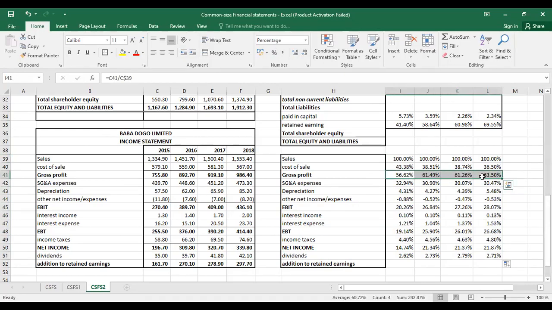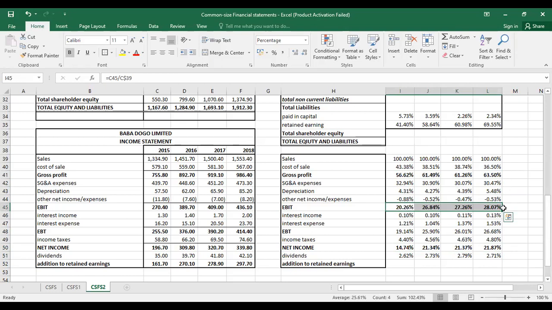So we talked of gross profit margin. This one will be the net income margin. The same thing. So these ones are like other expenses. Then the earnings.